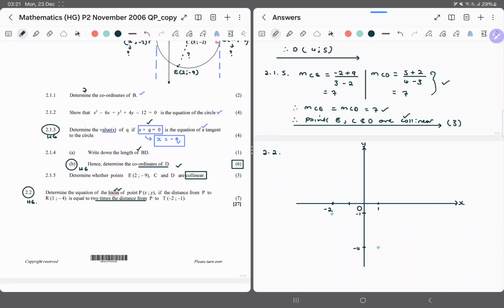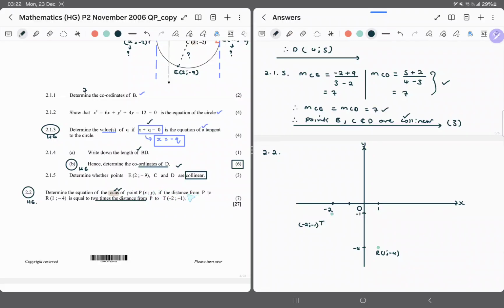Now we've got those 2 points. So we've got point R with these coordinates 1 and -4. And then we've got point T, with those coordinates -2 and -1. All right. Now, what are we saying? We are saying this point P, which is the locus point, it can be any point.